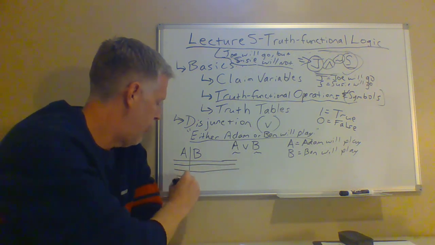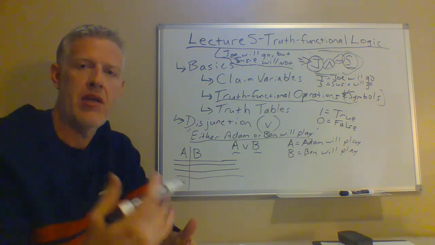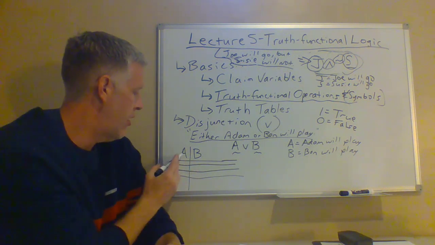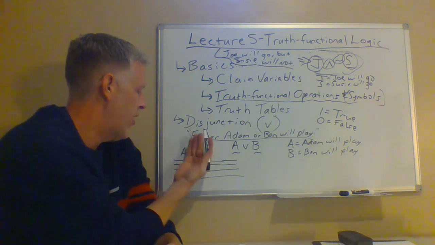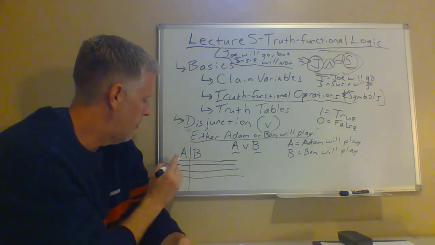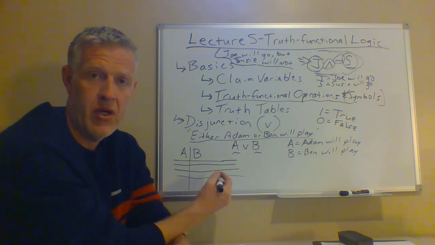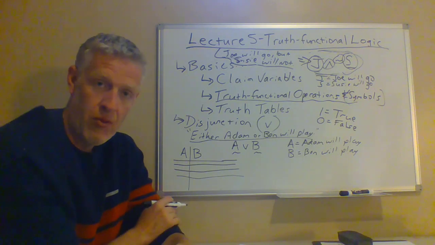There's a formula. But basically, it's going to double anytime you add another claim. So we started with just 2. It could be true or false when we had just 1, right? Throw in another one, now we're going to have 4 possibilities: 1, 2, 3, 4. If we throw in a third one, which we will here in a little bit, then we're going to need 8 rows.